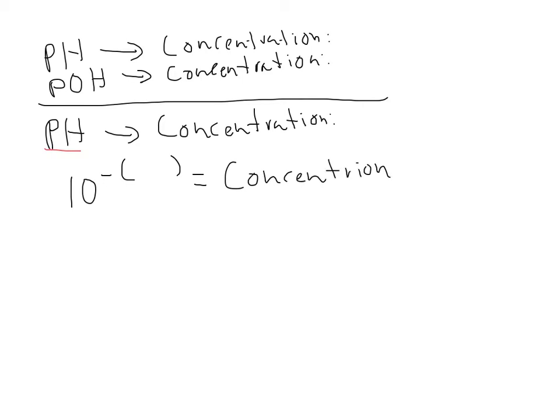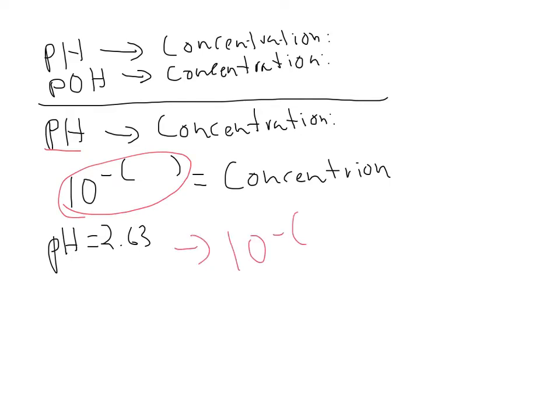Let's say you're given pH equals 2.63. You just plug that into the formula I showed you. 10 to the minus 2.63 equals 0.0023 molarity.